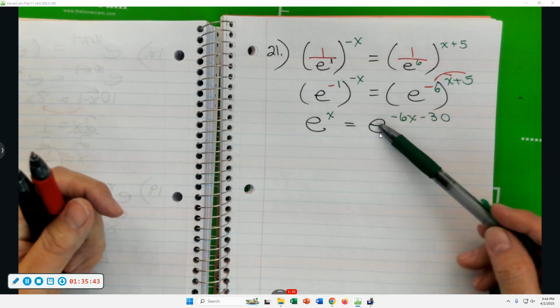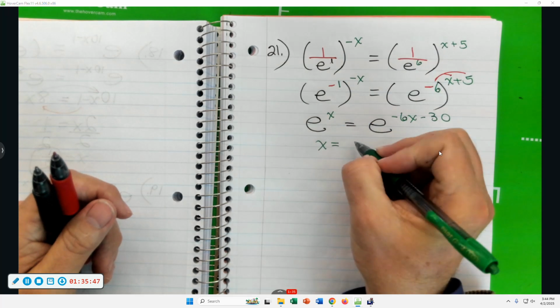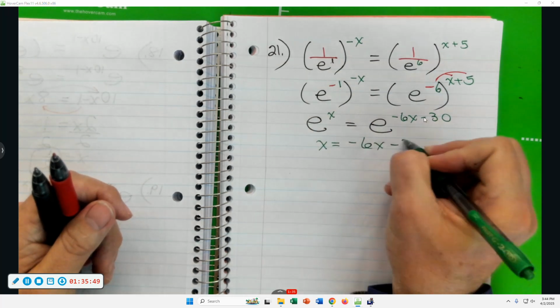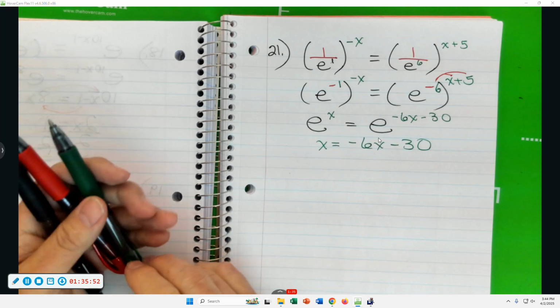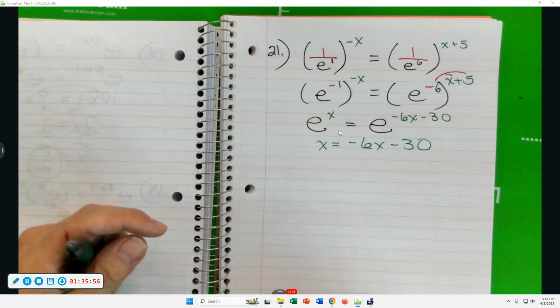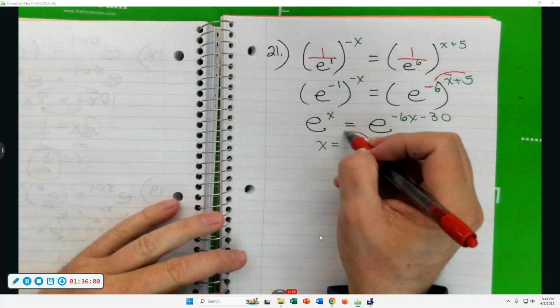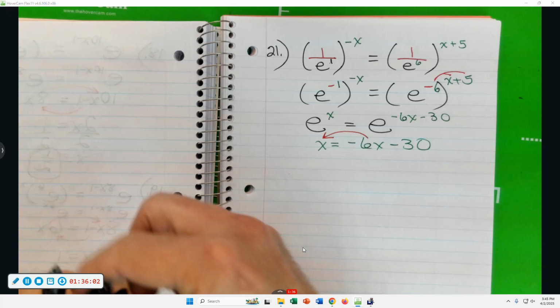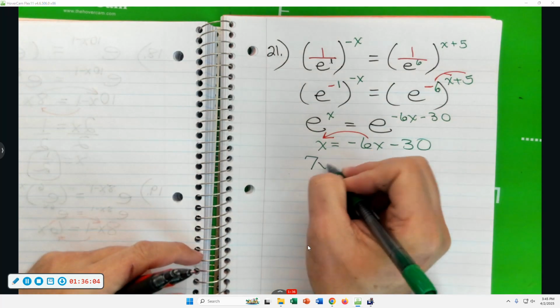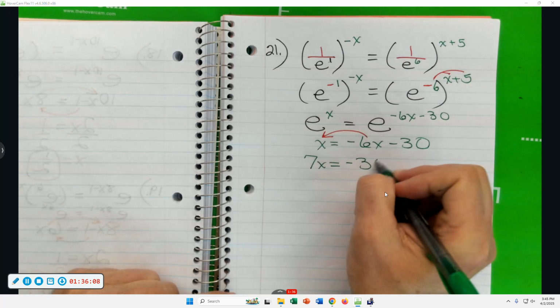We drop the base, set the exponents equal. I think I'd move this minus 6x to the left by adding 6x. What's that going to give me? 7x, I agree, equals, hey, we have a negative 30 there.